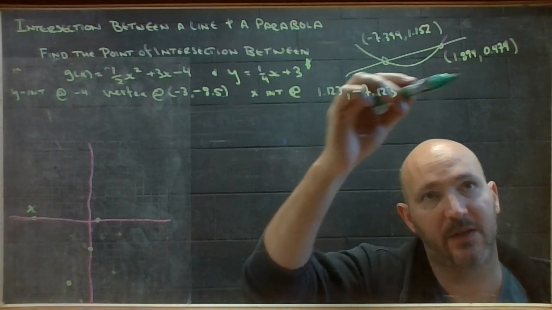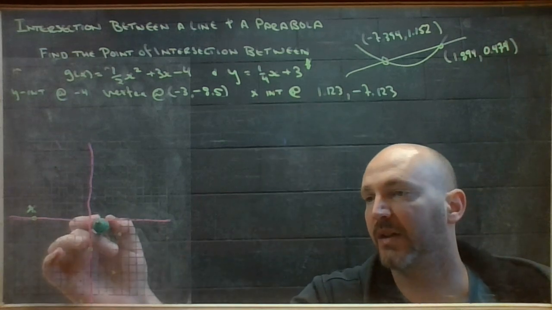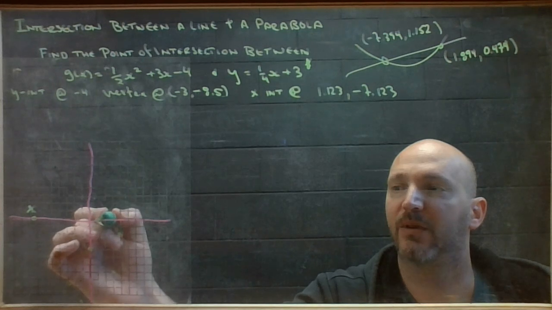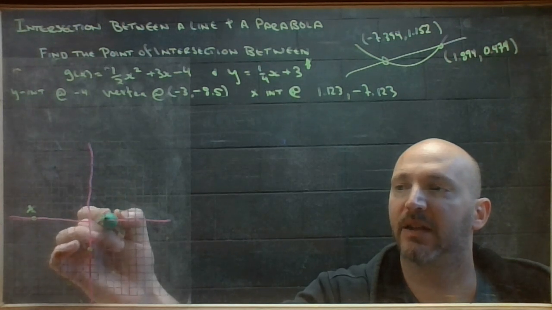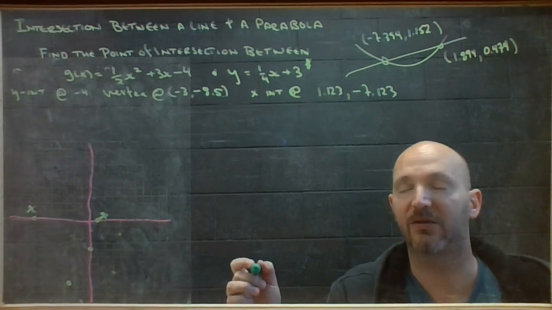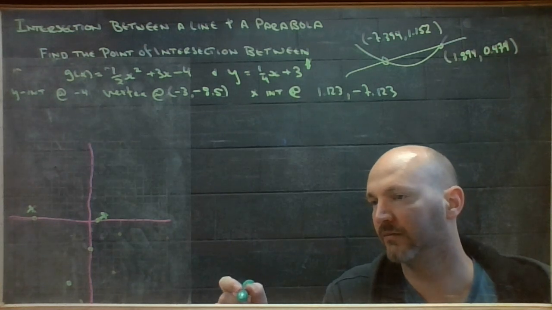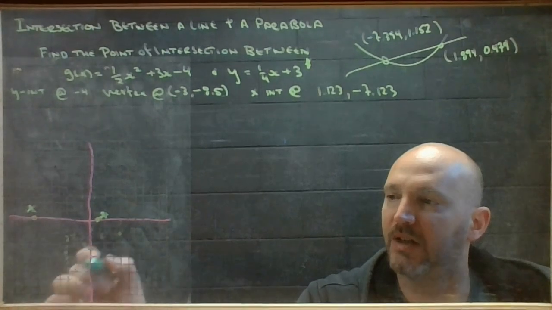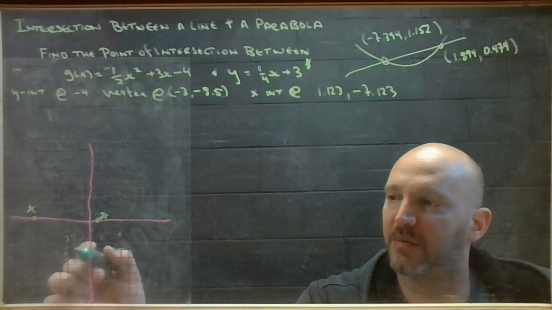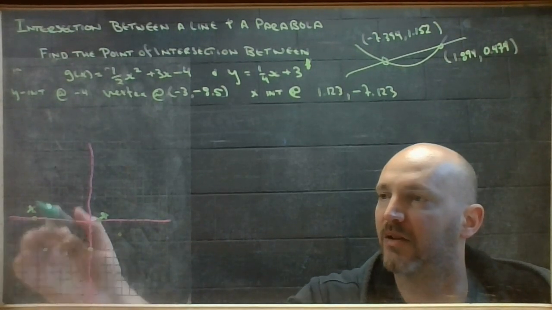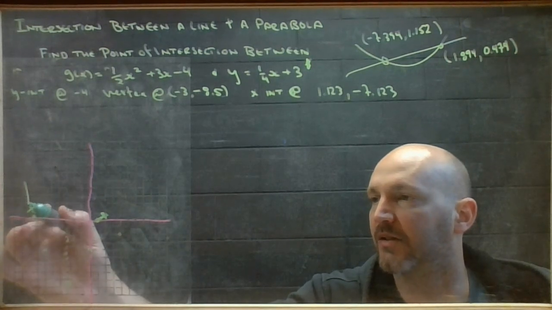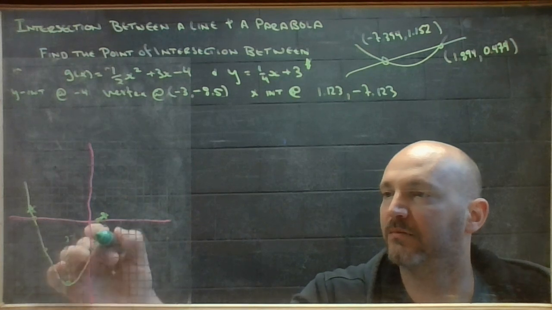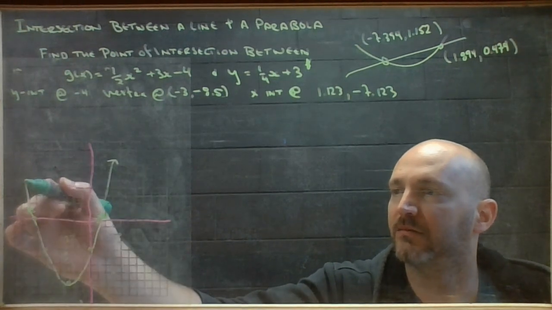And I'm supposed to have another intersection point at 1.894, that's about here, and 0.474, which is about there-ish. My axis of symmetry, I can see my y-intercept will be reflected to there, so I'm able to sketch in this parabola. Like so.